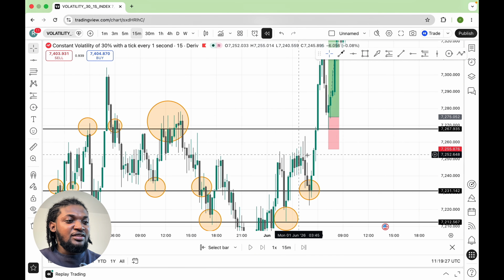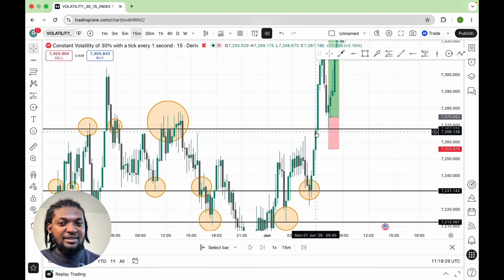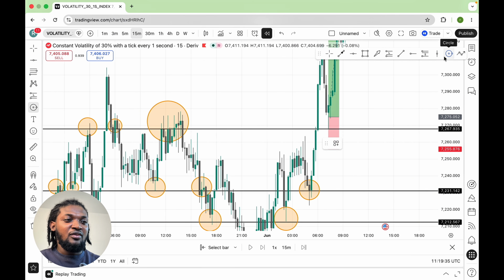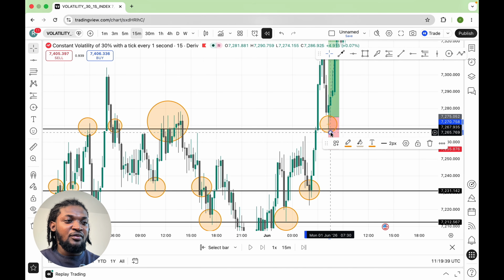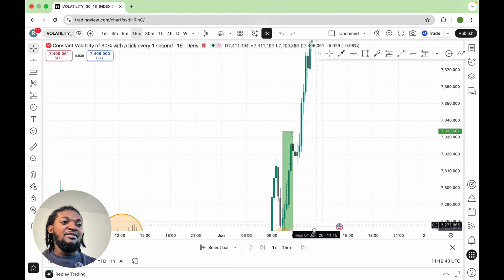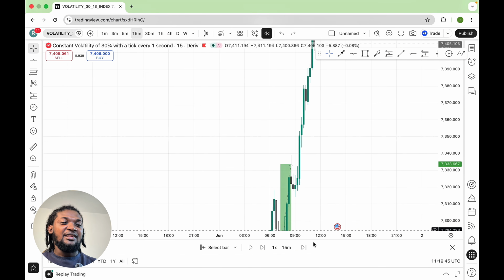So if price gets to my level again, and it's not selling and it breaks, what are you going to wait for? You're going to wait for your retest. And you can see a wick came to retest the level. And you take your trade, and you can see price is flying.